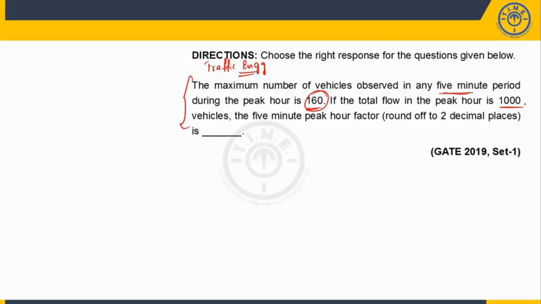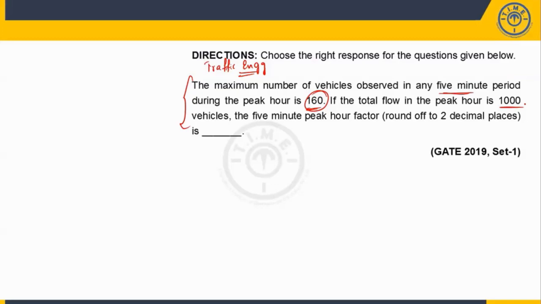The 5 minute peak hour factor is defined as the ratio of peak hourly traffic to the maximum possible traffic for that 5 minutes.